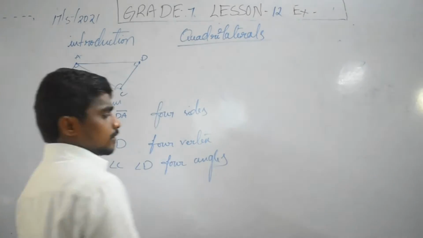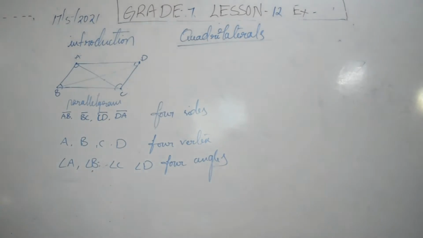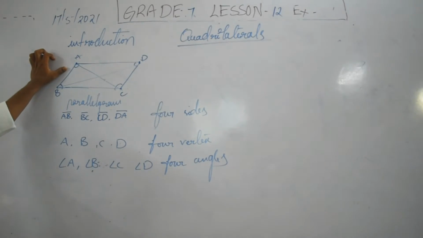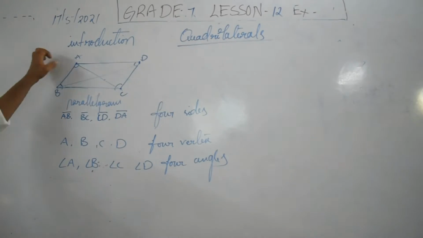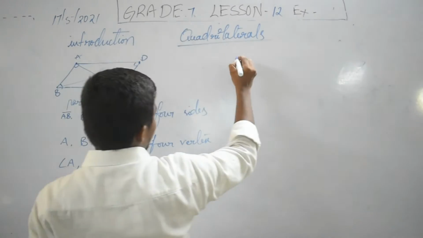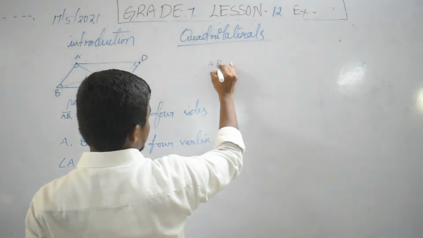Now see, here we are taking a parallelogram. So four sides, four vertices, four angles we know. Next one, here see, two sides of this parallelogram having a common vertex, that is called adjacent sides.